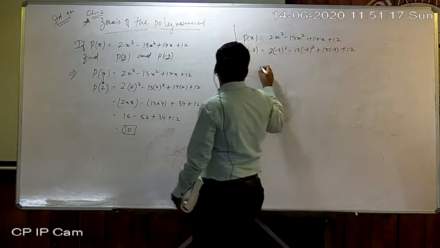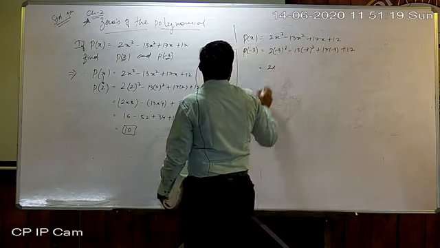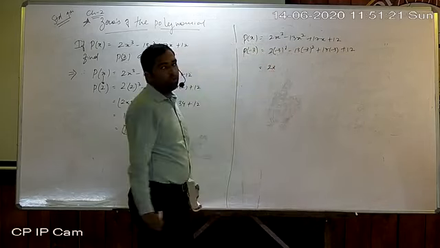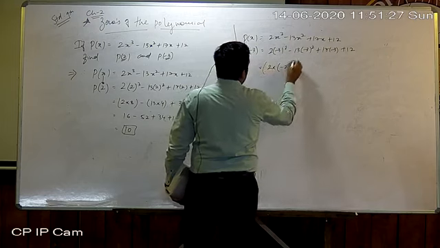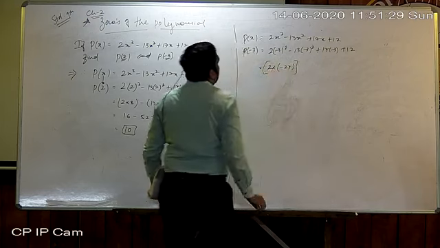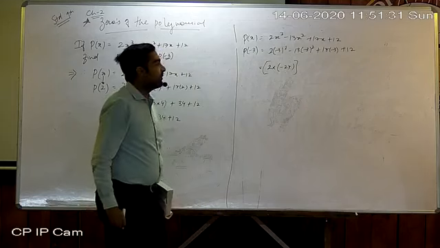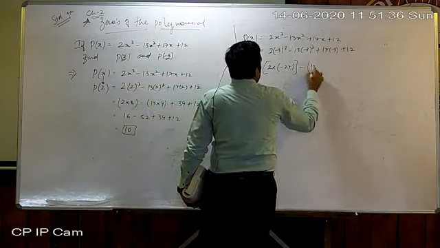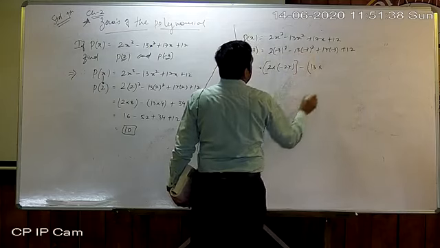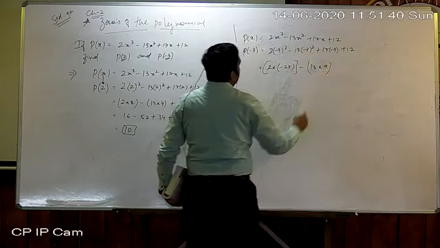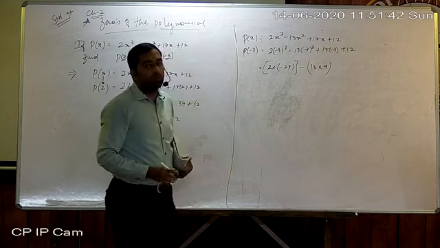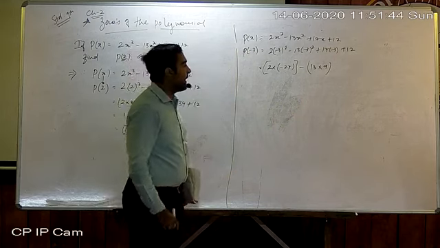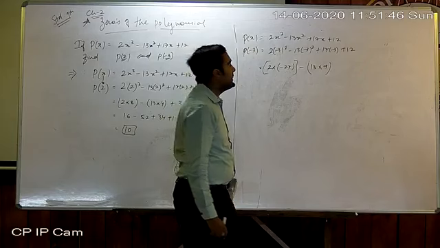So what did we find? 3 cube is 27, and here it is minus 3, so we found minus 27. Minus 13 into 3 square is 9, and here it is minus 3 square, so my answer is plus 9.